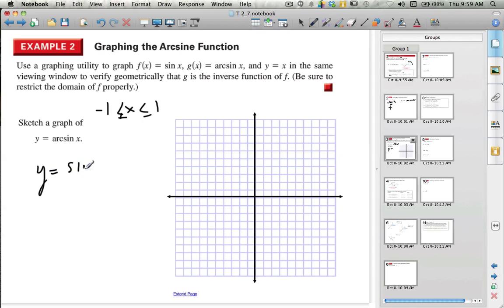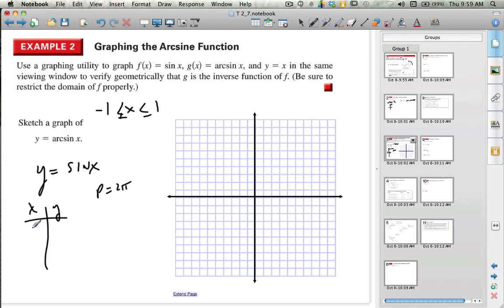So if I wanted to graph y is equal to the sine of x, this is the inverse of this, then if you think about my inputs and my outputs, I would find that my period would be equal to 2π. Now remember, we want to work with values between -1 and 1.